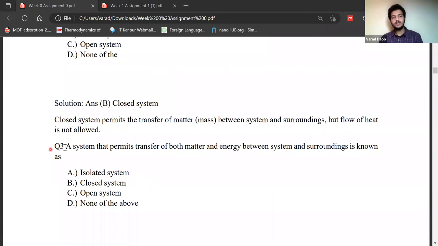So the next question which we have: a system that permits transfer of both matter as well as energy between system and surrounding is known as. So would anybody like to try? Just now I told. So Ashwin, would you like to try?